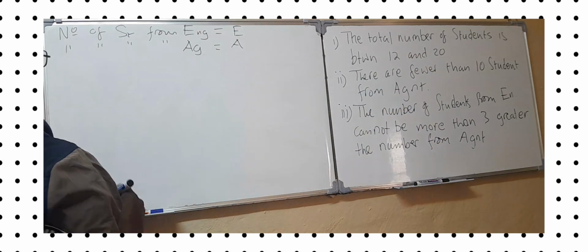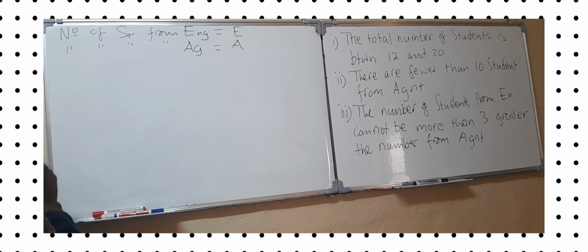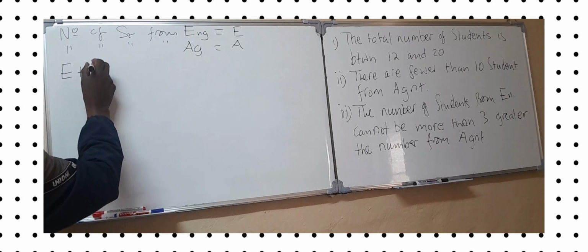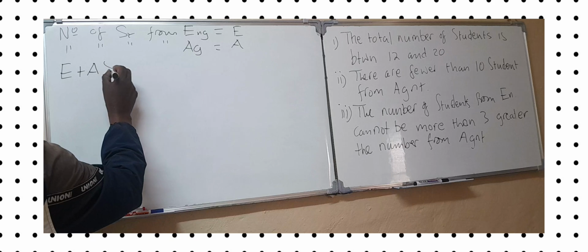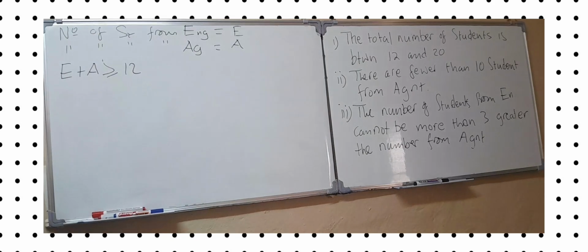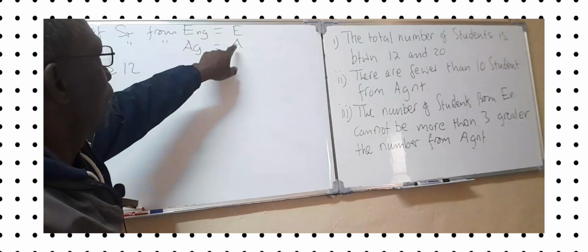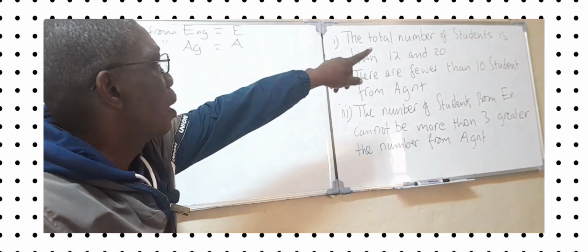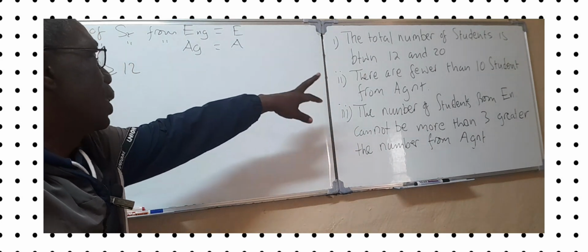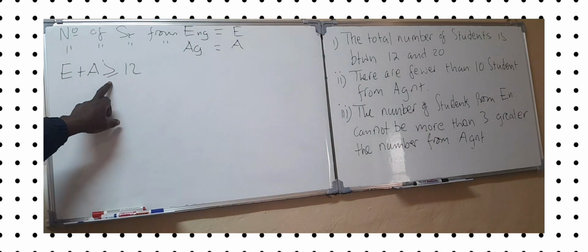So the first one says E plus A is greater than or equal to 12. E plus A, because the total number of students is E plus A. Total number of students is between 12 and that. So E plus A is equal to or greater than 12.